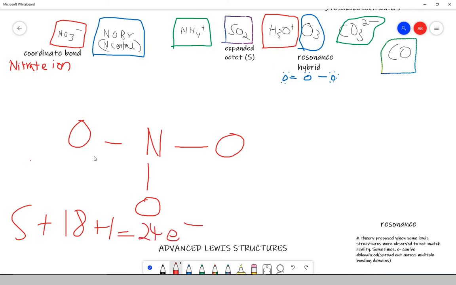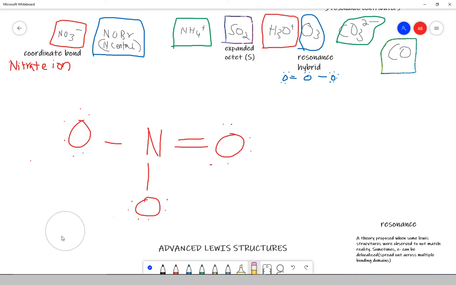Now let's draw our octets. I'm going to make sure we have a double bond right here, and give an octet to each of these atoms. Let's see how many electrons we have. 2, 4, 6, 8, 10, 12, 14, 16, 18, 20, 22, 24.